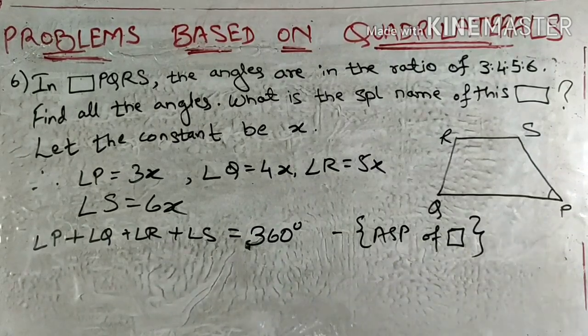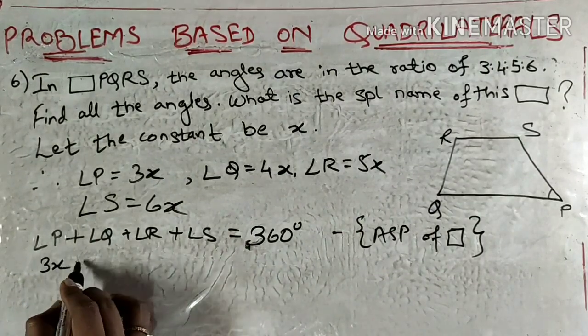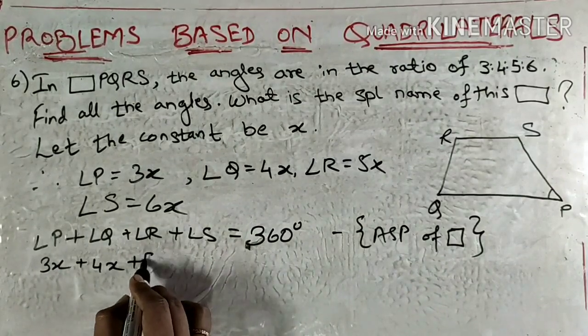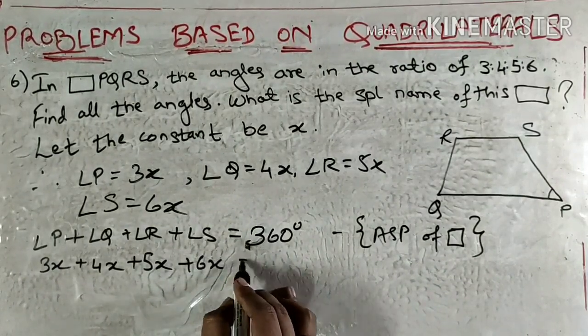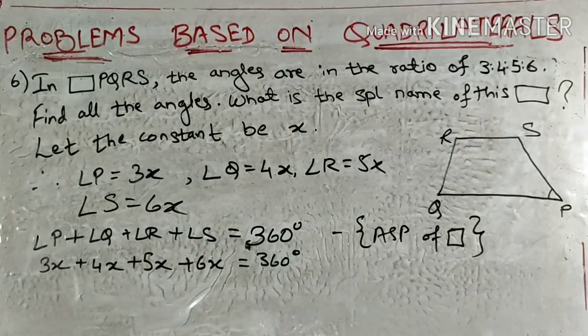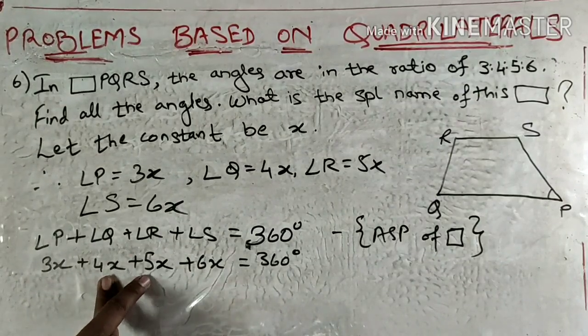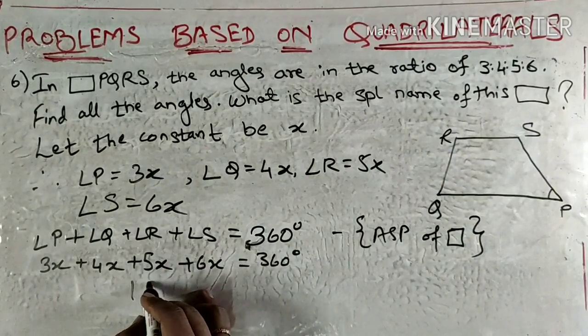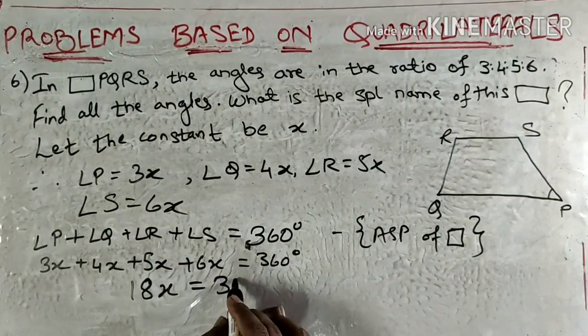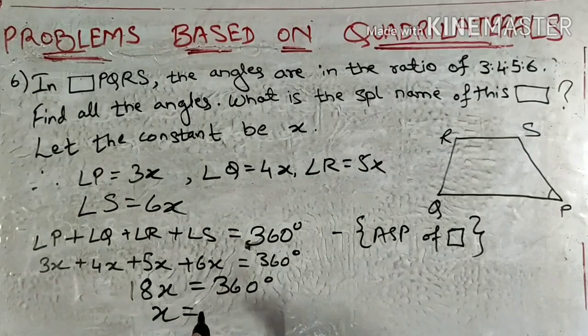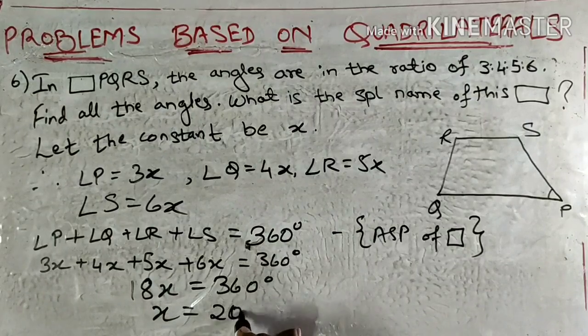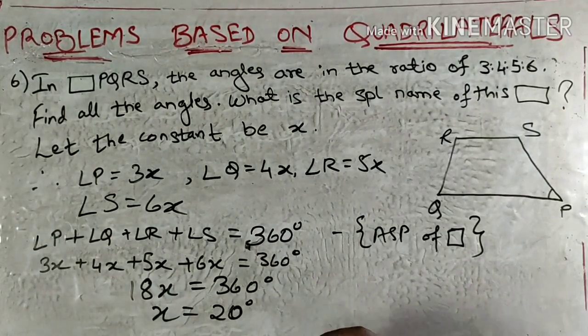As I said, we need to write the reason, whichever property you use. Hence, substituting the values, 3x plus 4x plus 5x plus 6x is equal to 360 degrees. So total it becomes 3 plus 4 is 7, 7 plus 5 is 12, 12 plus 6, 18x. So 18x is equal to 360 degrees, and we'll find x as 360 divided by 18, that is 20 degrees.